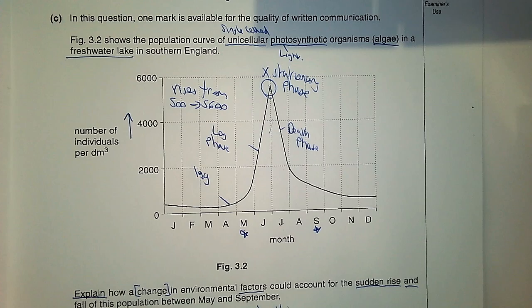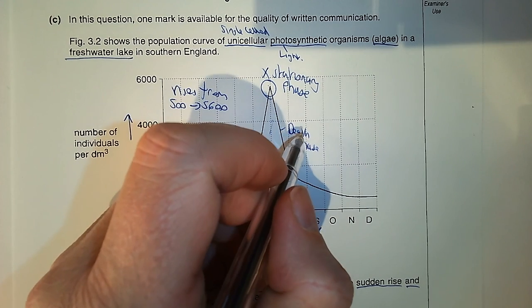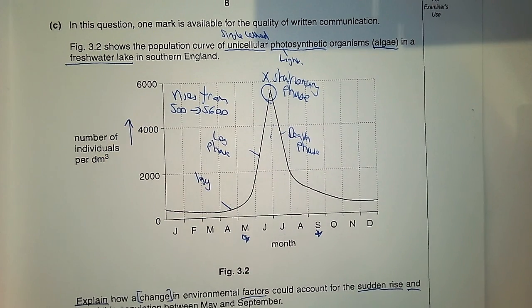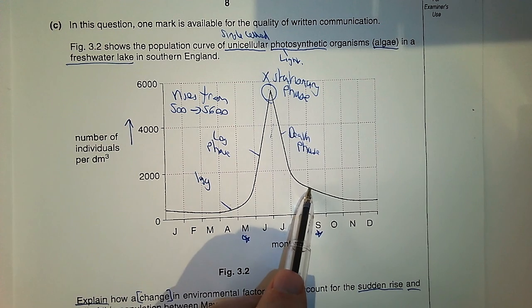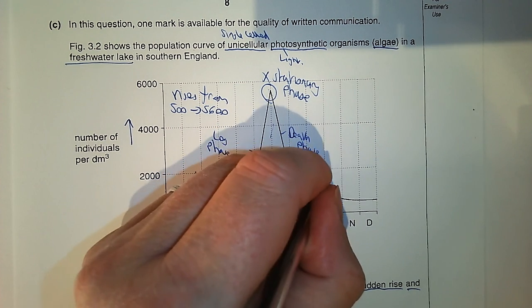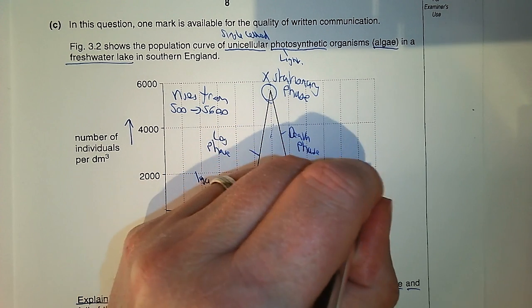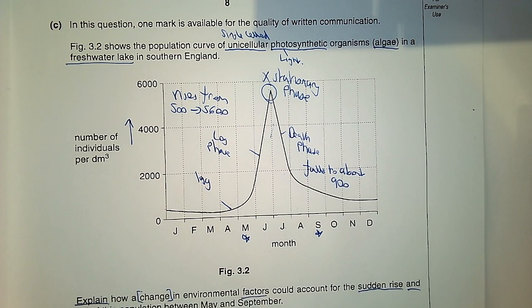And again, we can talk about the data for when it's decreasing. And it's going to fall in September to about 900 individuals per decimeter cubed.